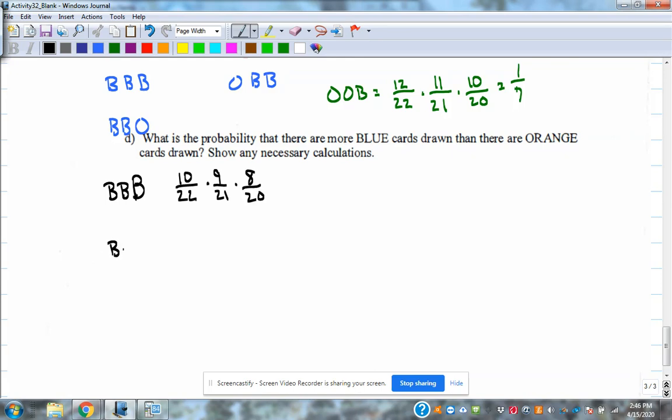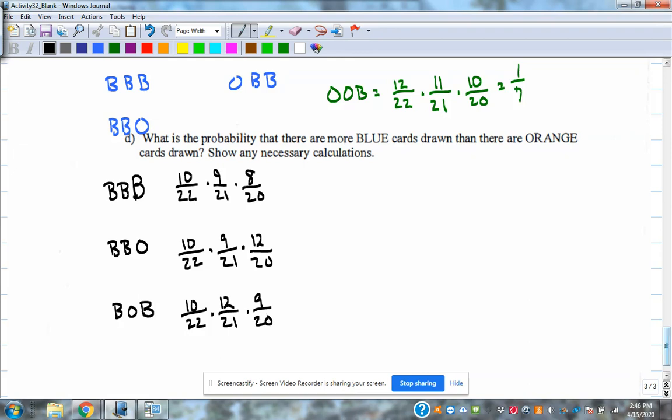And then you could have 2 blues and an orange in that order. So that'd be 10 out of 22 times 9 out of 21 times 12 out of 20. Different numbers there. Or you could have blue, orange, blue. It'd be 10 out of 22, 12 out of 21, and 9 out of 20.